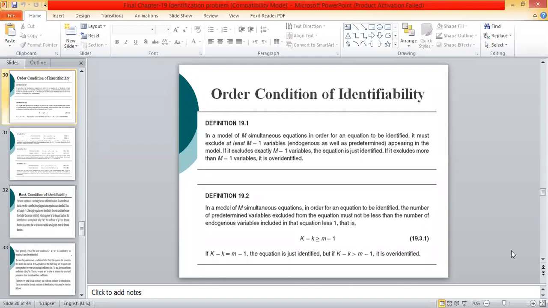That is, capital K minus lowercase k is greater than or equal to lowercase m minus 1.